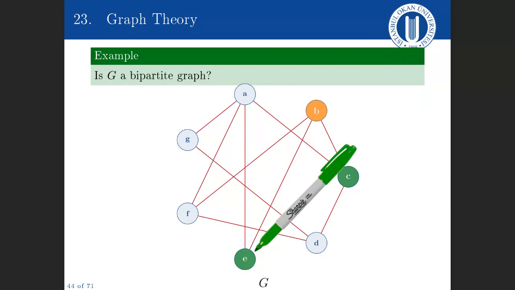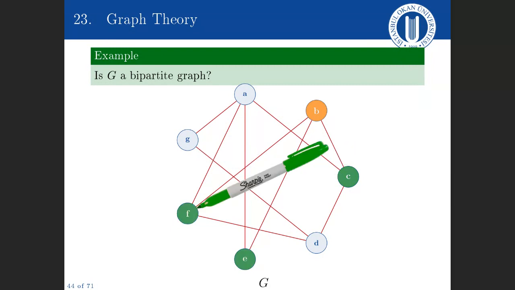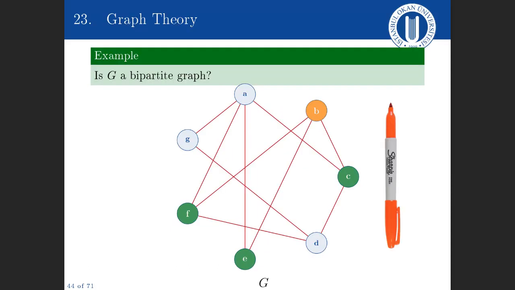E is connected to B, I'll color that one in green, and F is also connected to B. I'm going to color that one in green. Now let's just do a quick check. Are there any green vertices connected together? The answer is no. C is not connected to E, C is not connected to F, and E is not connected to F. So far, good.